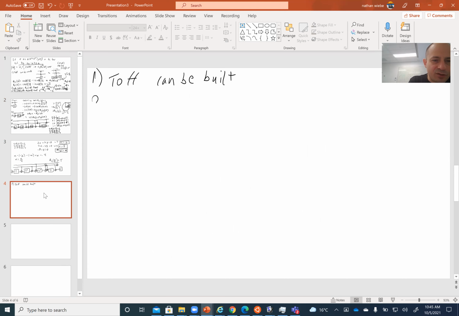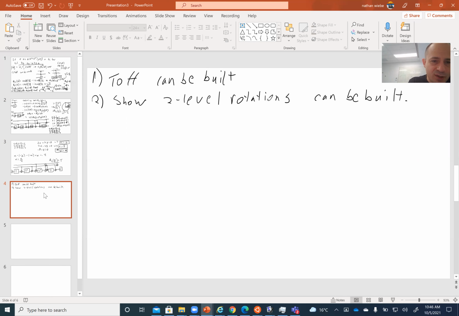The next thing that we need to do is show two-level rotations can be built. The idea of a two-level rotation is that we already knew we could do a single-qubit rotation.